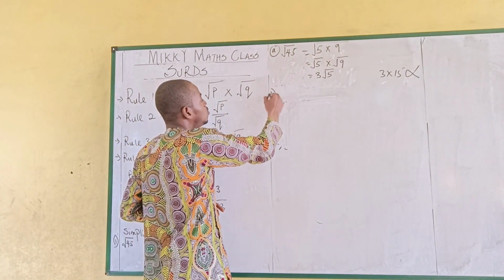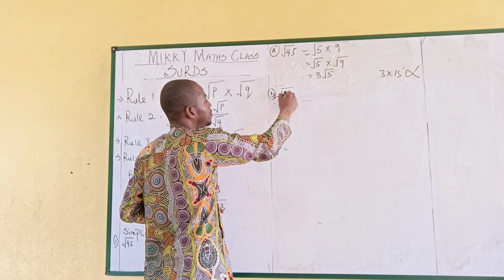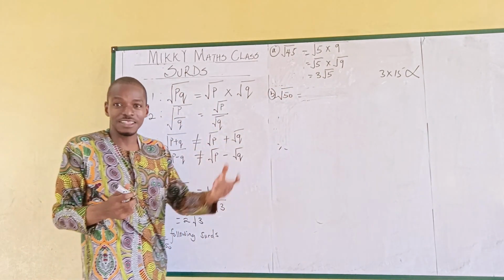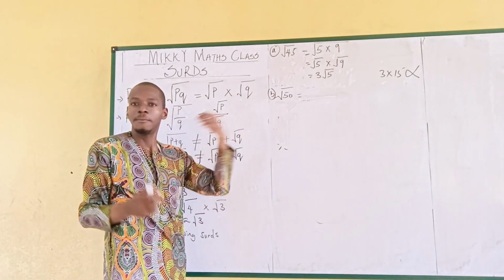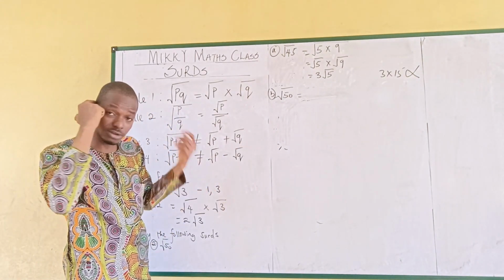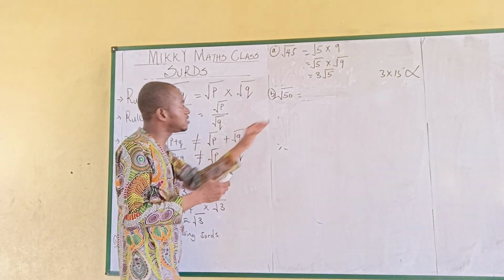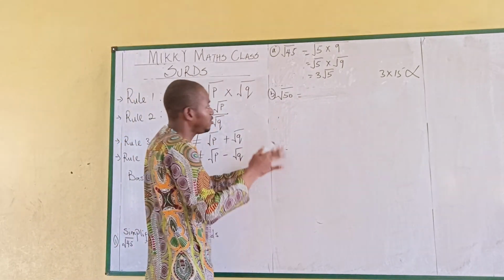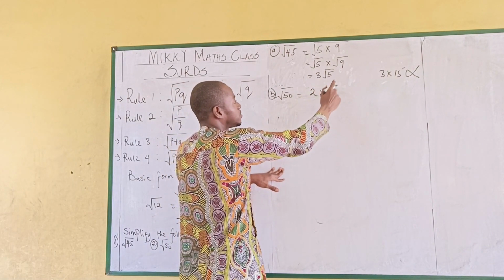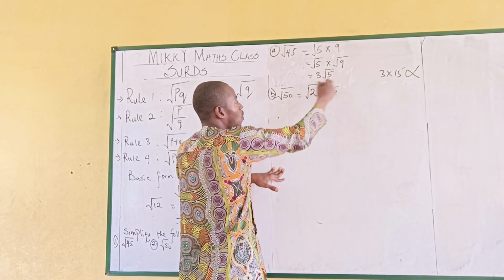Now, root 50, the same thing. 10 times 5 will give me 50. But I cannot take the square root of 10, neither can I take the square root of 5, so I cannot use it. So the next thing that comes to my mind, I think I can use 2 times 25. Why?